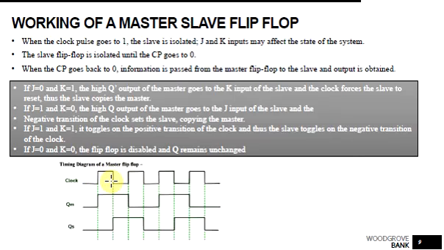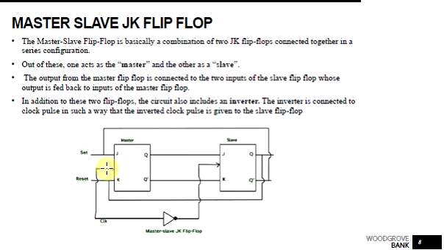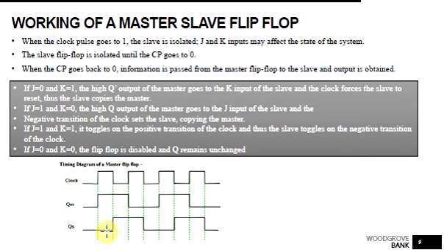During the negative pulse, the master output remains the same, but the slave will be active. That makes the Q output of the slave go to the high state.